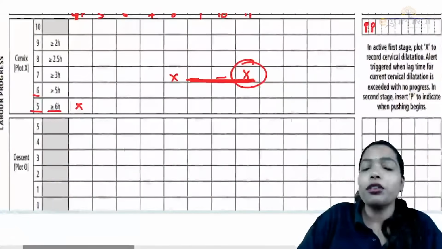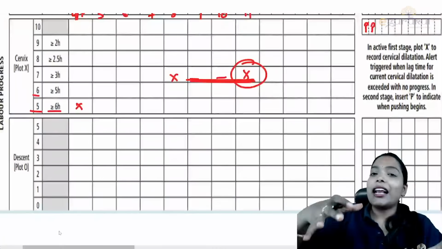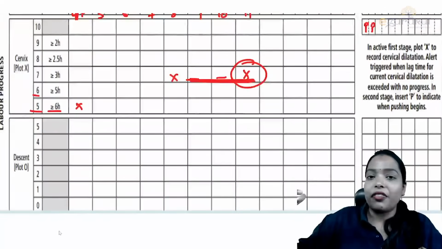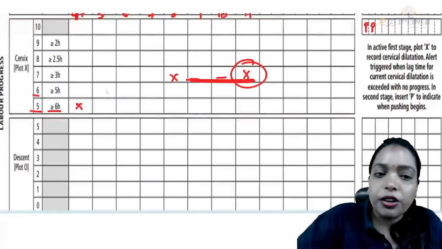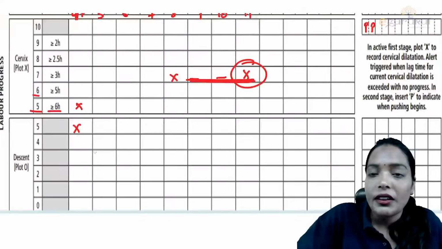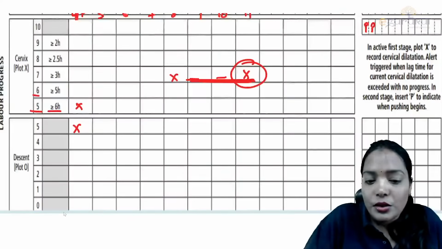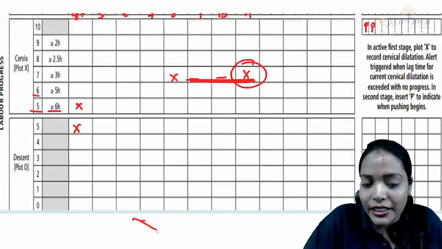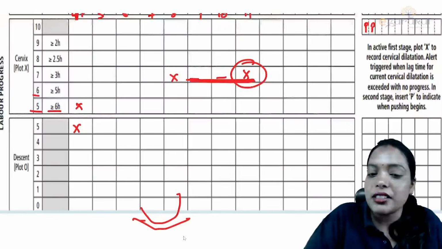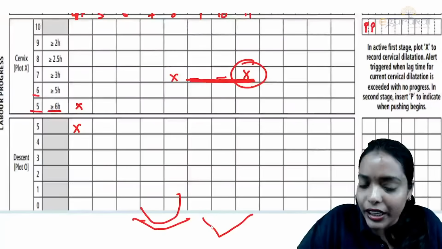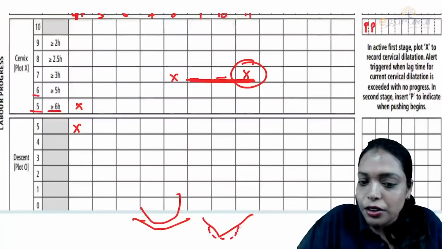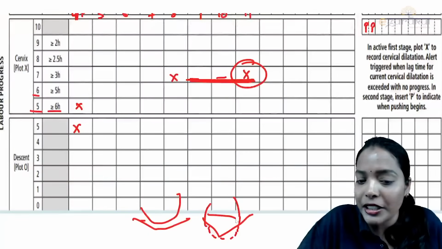So we follow Crichton's fifths. If the entire head is above the pubic symphysis per abdomen, you write 5/5. If the head has entered a little and I'm able to feel only 4 fingers above the pubic symphysis, it is 4/5.